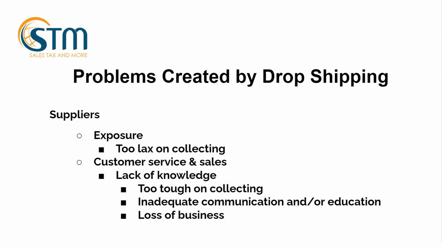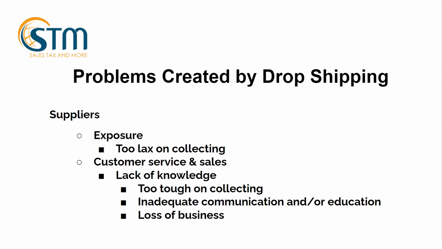Why do you need this? Why is my Texas certificate not able to be used in a state like California? So that could either be an education gap on the supplier's part, or you may know everything, but you're not communicating it adequately to your customers.